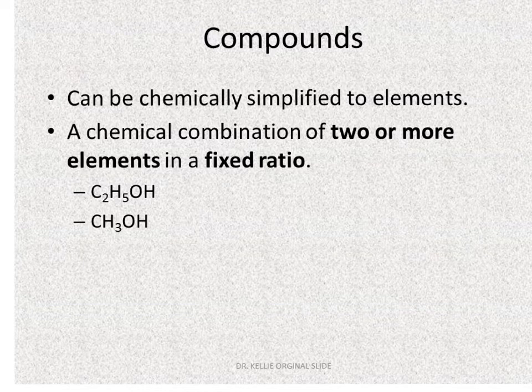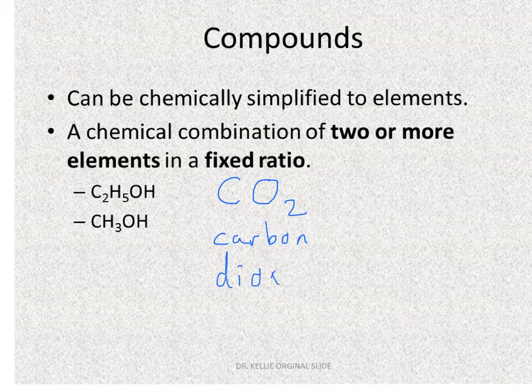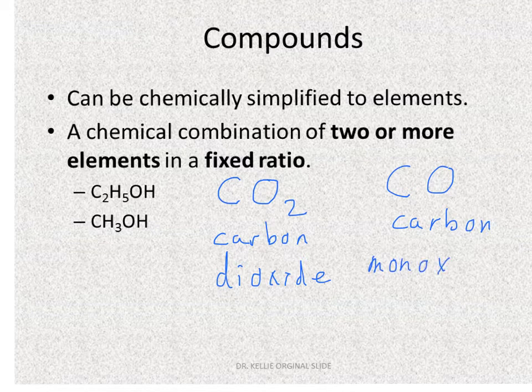Classic example of a chemical compound would be carbon dioxide and carbon monoxide. These two compounds help us represent and discuss the definition of a compound.